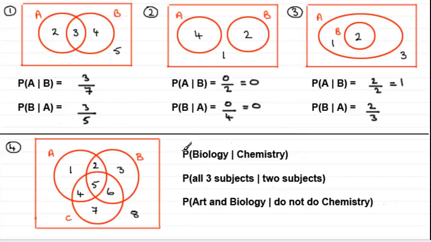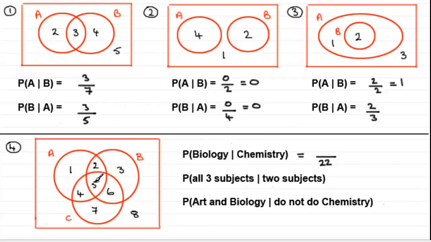First one then, probability that someone does biology given that they do chemistry. So we know that they do chemistry. So how many people do chemistry? That's going to be our denominator. The number of people doing chemistry is in C. That would be to add up the 4, 5, 6 and 7. And if you add up 4, 5, 6 and 7, you should find you get 22. So 22 people doing chemistry. And of those people doing chemistry, what's the probability that someone does biology?